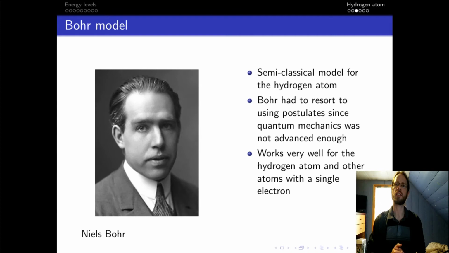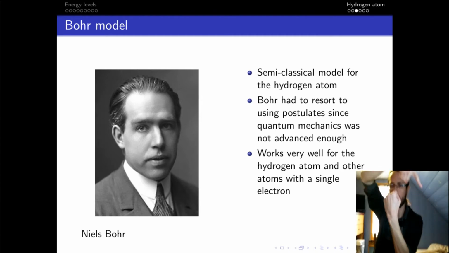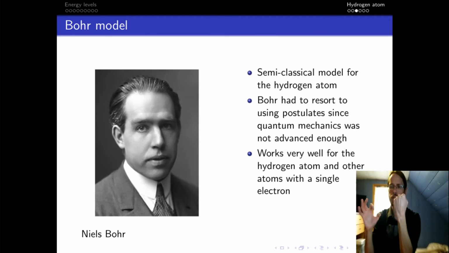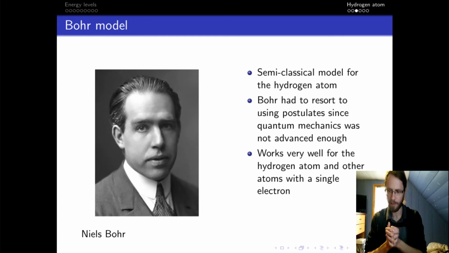So the way he imagined the hydrogen atom was having a proton at the center with a small ball-like electron orbiting around it. So he imagined a ball as an electron moving through space on a circular path. And he postulated that there were a bunch of spherical orbits around the proton that were allowed, and the electron could not be between two orbits.